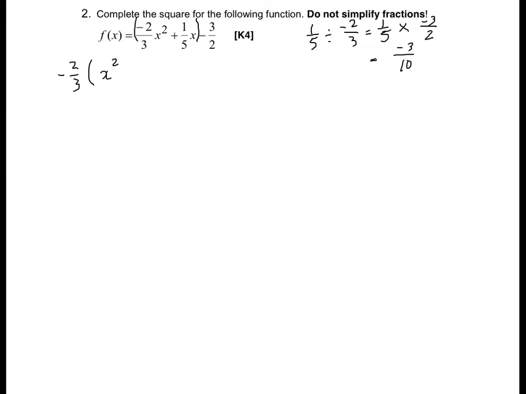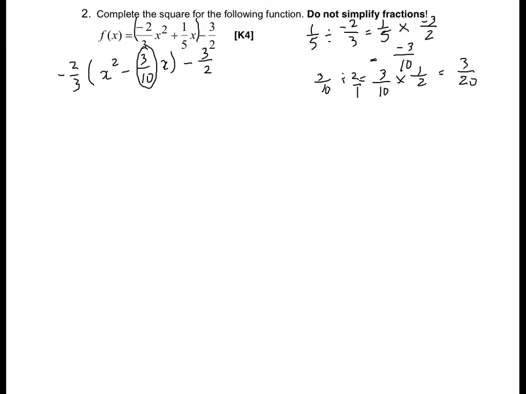So this becomes negative 3 over 10 x minus 3 over 2. Now I have to divide this coefficient by 2. So 3 over 2 divided by 2 makes it 3 over 2 times 1 over 2, which becomes 3 over 4.